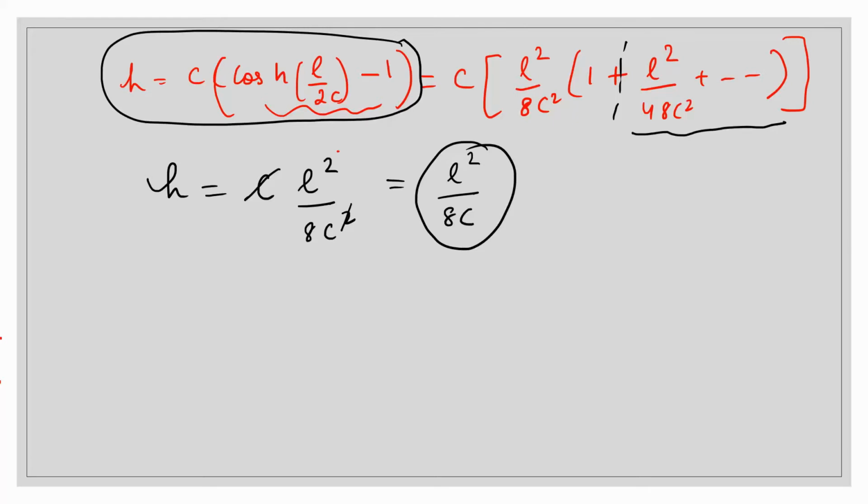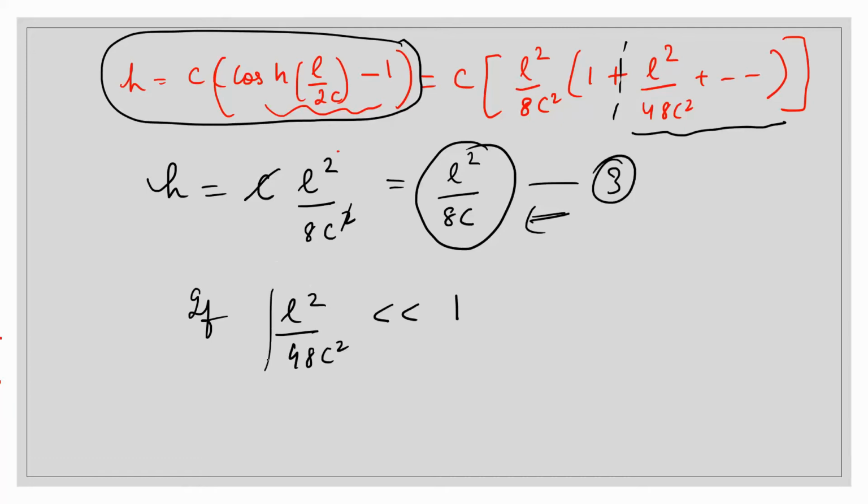So with the help of approximation we can derive some simple formulas, but this is a good approximation only if L square by 48 c square is very much less than 1. Then only it gives you a good approximation. I will write it as equation 3, and if this holds, equation 3 is a good approximation.